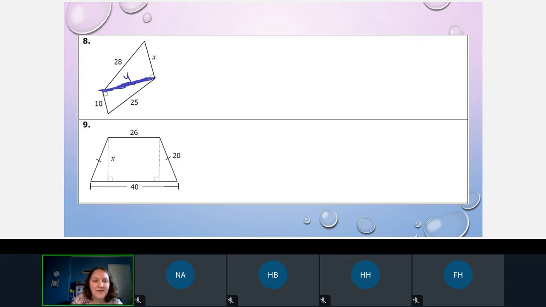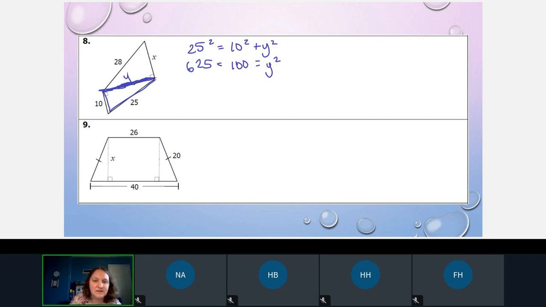So then what we're going to do here is I'm going to look at this bottom triangle. In this bottom triangle, the hypotenuse is 25 and the legs are 10 and y. So 25 squared becomes 625, and 10 squared, of course, is 100. Oops. Why did I do that?